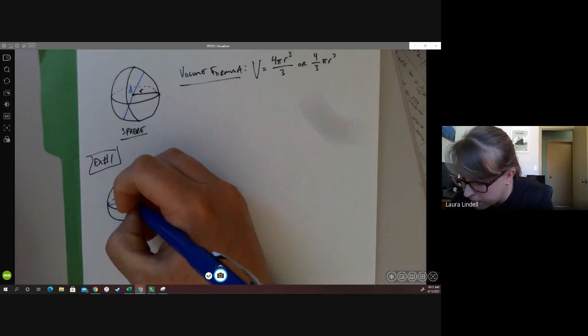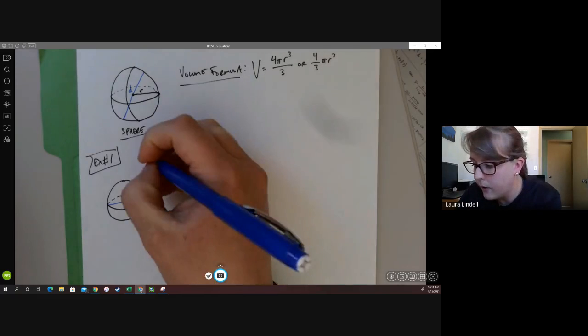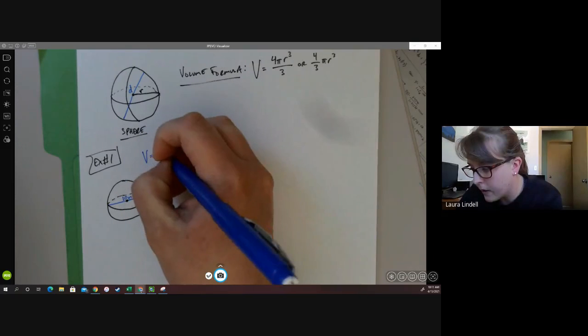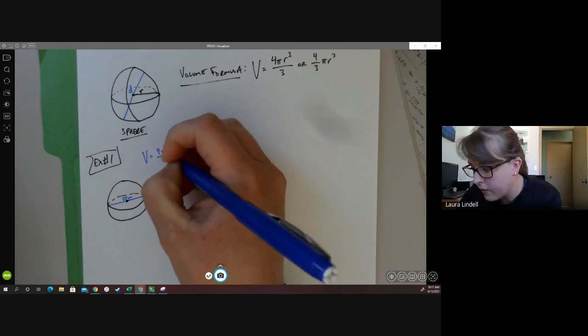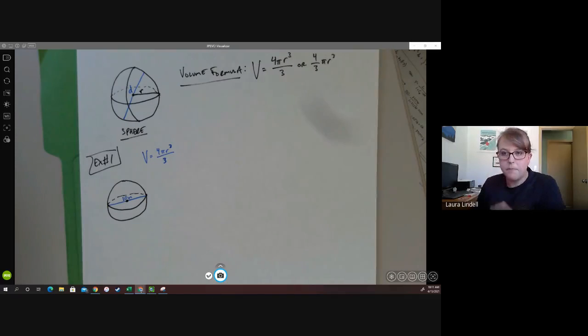We'll say the diameter is 10 meters. And we want to find the volume. All right. And we know that volume is 4 pi r cubed divided by 3. And if you're not really into memorizing formulas, this would be a good one to have written down somewhere in your notes, so you can reference it.